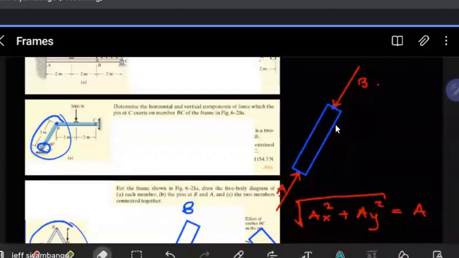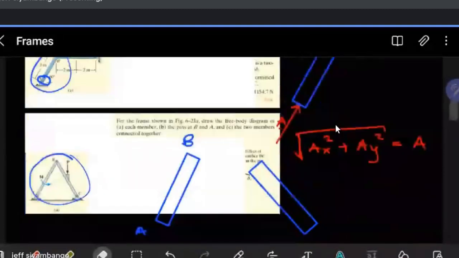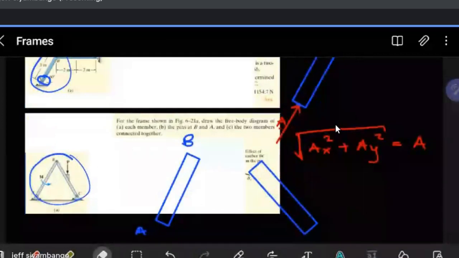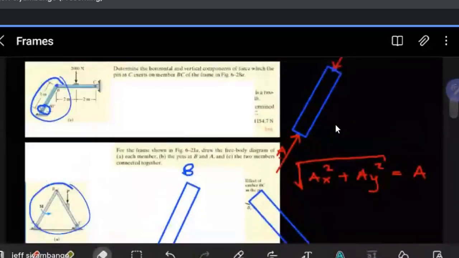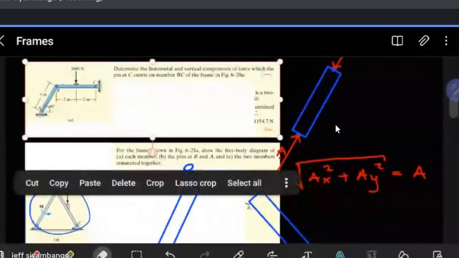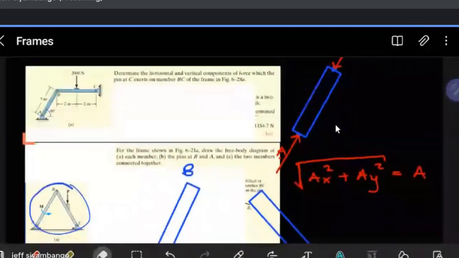with that in mind, let's try to use those two points and see how we can draw free body diagrams for these questions. And to start with, I want to start with this same question.